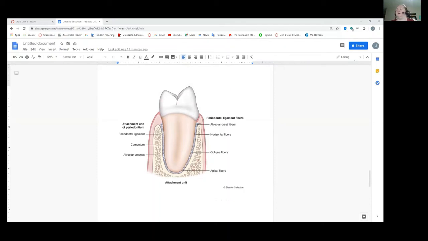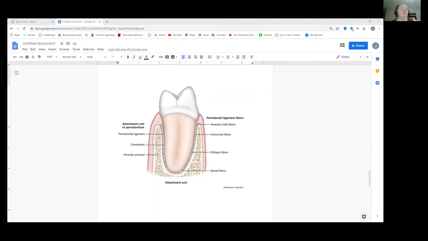So, group 4, Sarah Olson, can you please highlight or point out where the periodontal ligament is? It's labeled here for you.